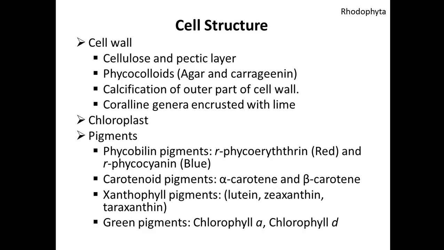Accessory carotenoid pigments are also present. These include two carotenes, that is alpha carotene and beta carotene, and the xanthophyll pigments like lutein, zeaxanthin and possibly taraxanthin is also present. And as we discussed earlier, the green pigments include chlorophyll a and chlorophyll d, which are generally masked by the accessory pigments.